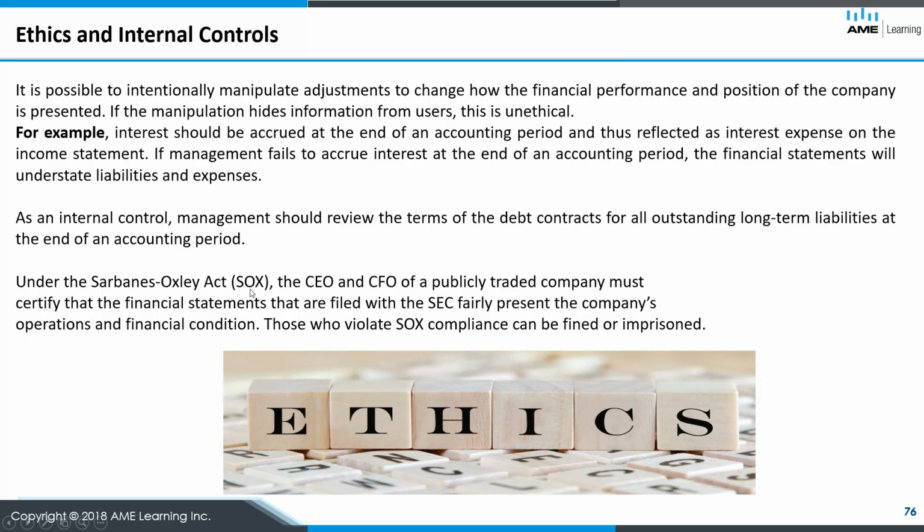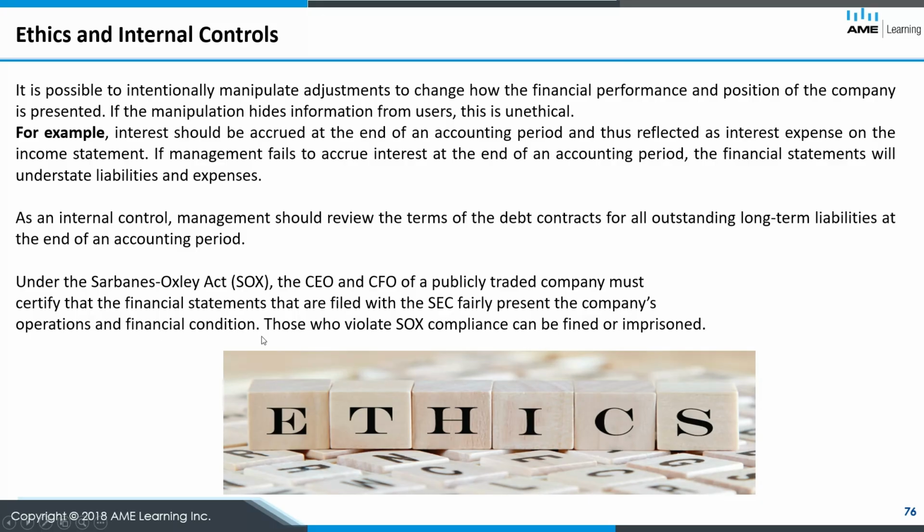There's the Sarbanes-Oxley Act that we talked about previously, I think in chapter 3. For companies that are publicly traded, so you can go buy their stock on the stock exchange, there are additional requirements under the Sarbanes-Oxley Act where they require the CEO and the CFO to sign off and certify that the financial statements are fairly presented, we would say.